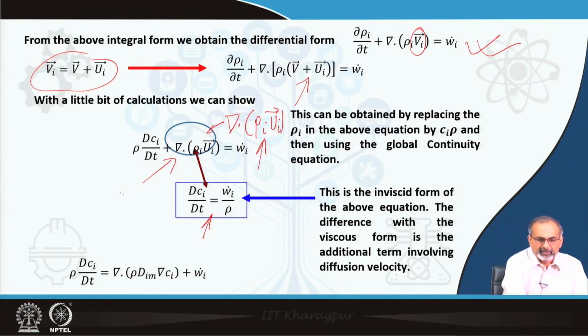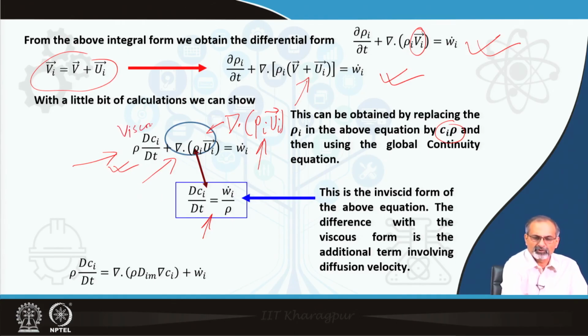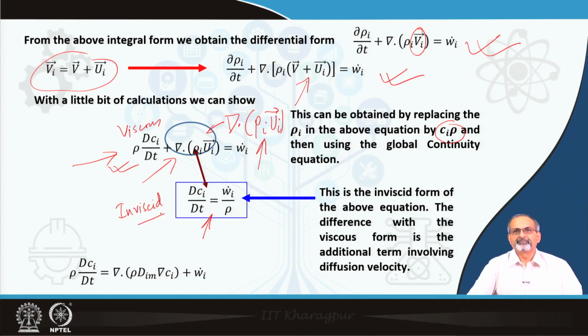By the way, this equation can be obtained by replacing the rho I over here in this equation by C I times rho, and then using the global continuity equation, with which you should be able to derive this form. And now we are comparing this form, which holds for viscous flow, with the form that we have already learnt, which came from the inviscid domain.